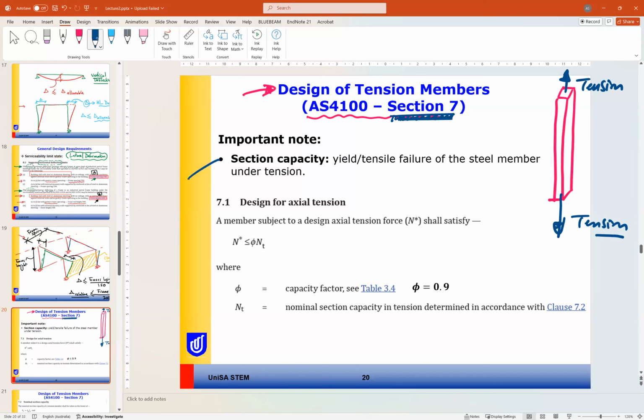In this section, we only consider the section capacity, which means the yielding or the tensile failure of the steel member under tension.